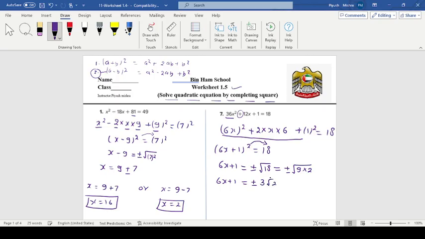Okay, 9 has come out as 3, and it will be root 2. Further solve it. So 6x is equal to minus 1 plus minus 3 root 2, and 6 will come down, so x will be equal to minus 1 plus minus 3 root 2 by 6. So this will be your answer. One time you will take plus and one time you will take minus. I hope you all have understood.